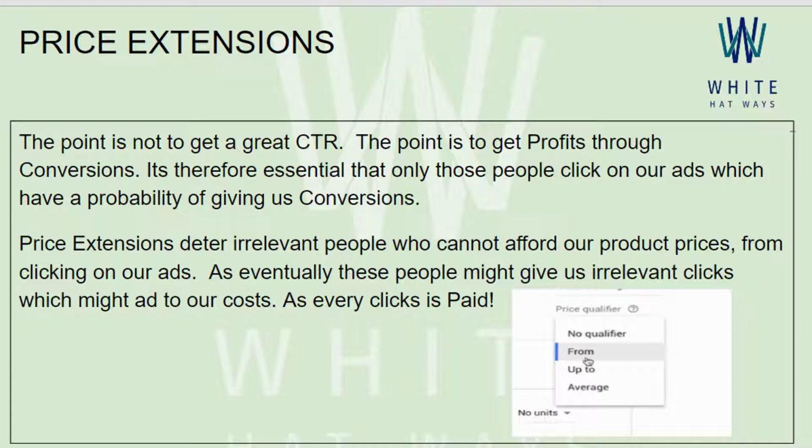I can only buy a laptop which is up till 40,000 and nothing more than that. So in that case, if I get to see this particular ad which is selling a laptop and the qualifier over here is starting from 70,000, I would rather not click on this ad since I absolutely cannot afford this particular product.